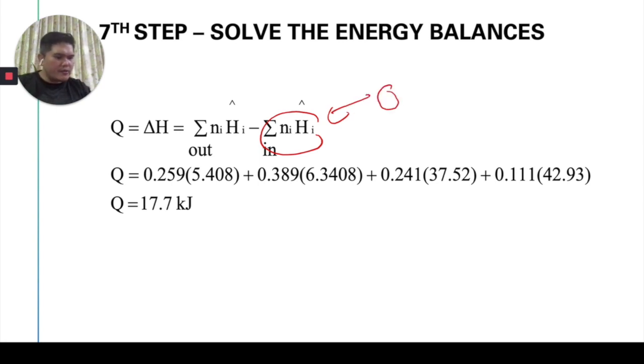Why is it 0? Because we have chosen both components' reference state at the inlet, so the enthalpy is 0, so the product is 0. Then you just need to calculate the product of n_i out and the enthalpy out, summed together, and you'll get the Q value of 17.7 kilojoules. Kilojoule is supposed to be kilojoule per second, so you actually got the power of this.